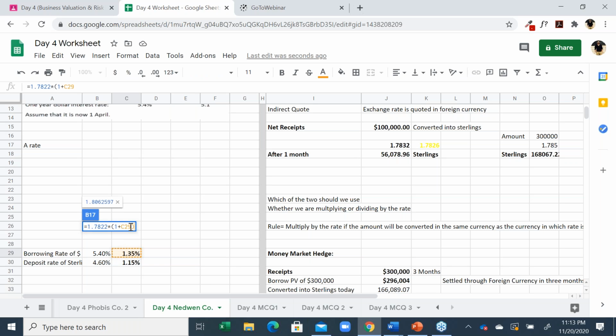Why did I pick the dollar rate? Because the exchange rate was quoted in dollars. Now divide it by 1 plus the other rate, which is 1.15. That's the rate which we call the effective rate.